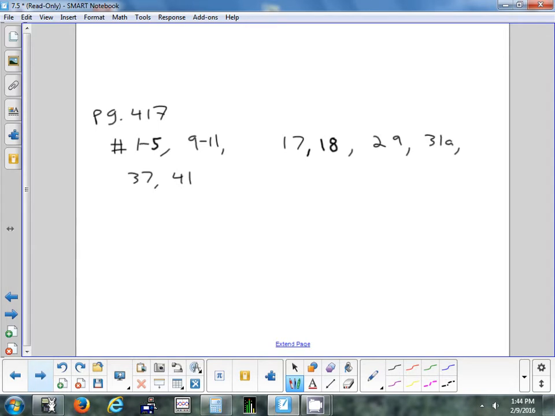I want you to try 1 through 5, 9 through 11, 17, 18, 29, 31 part A, 37, and 41. These are very fast. The last 5, those are the ones that might take a little longer, but nothing even close to what we did in class.